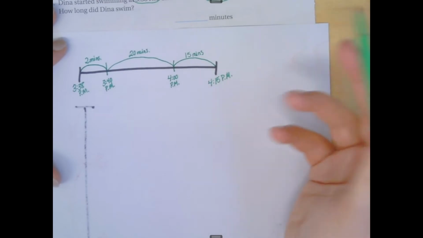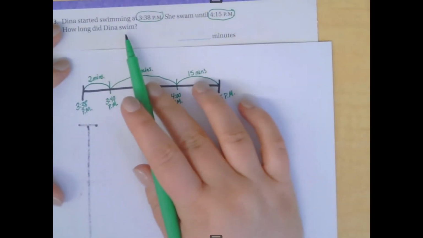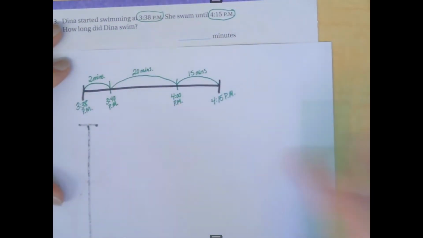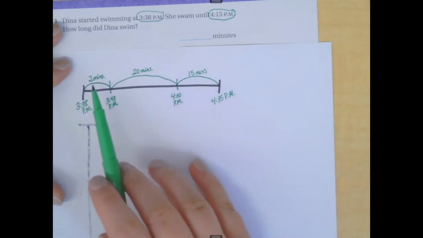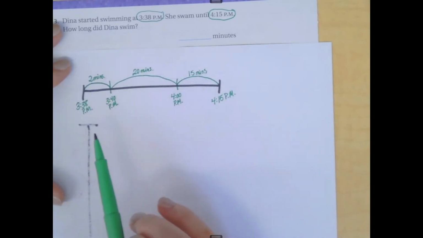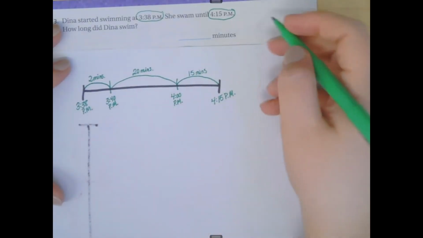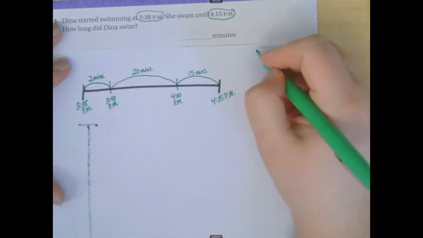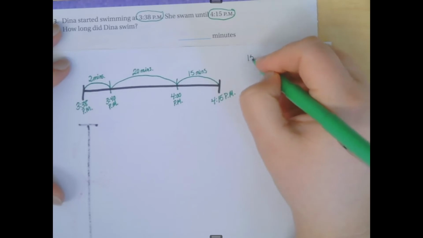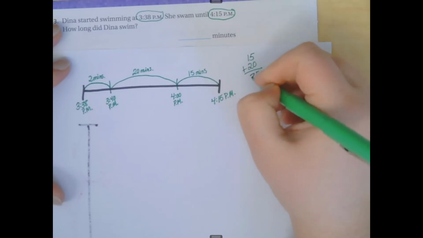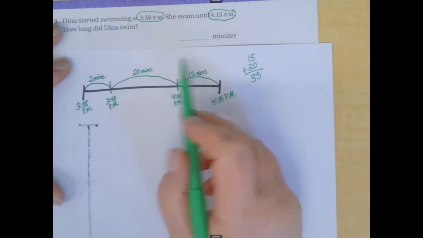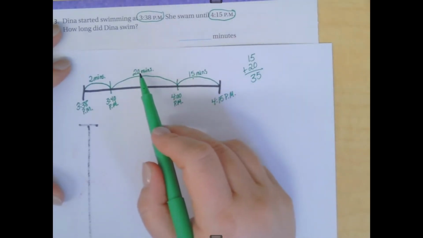So what do I do? Well, it wants to know how long did Dina swim. That's the elapsed time, the time that elapsed between here and here. So I need to add up my jumps, okay? So I have 15 and 20, which is 35. So I've added up 15 and 20, that's 35 minutes.